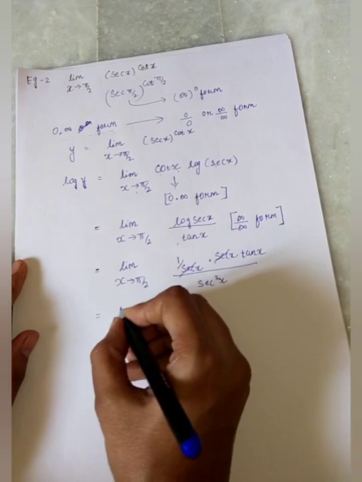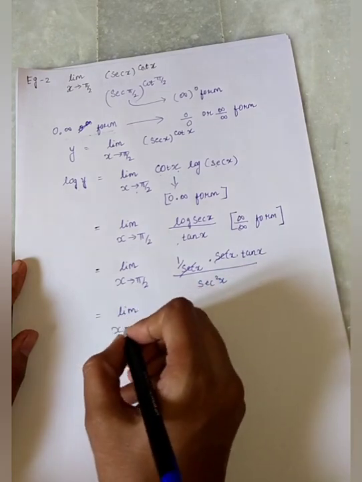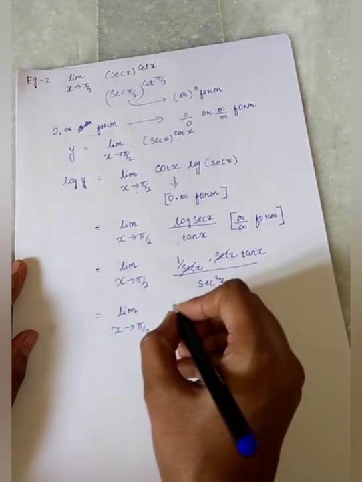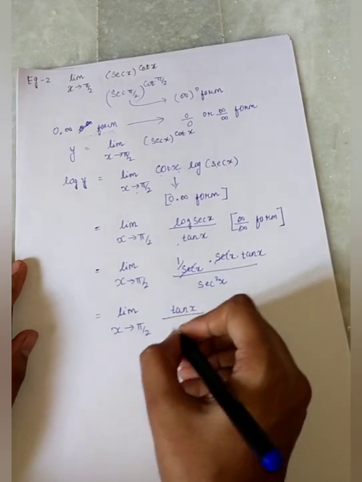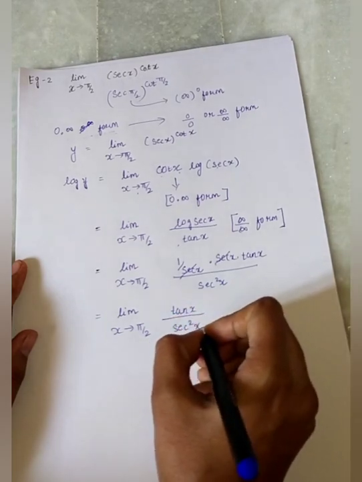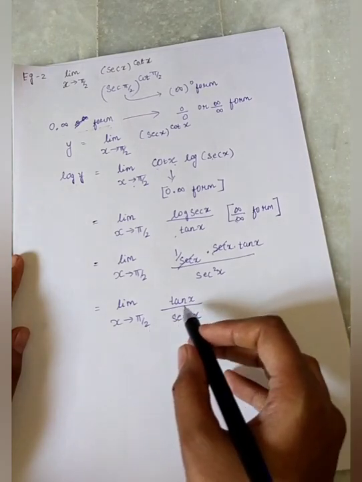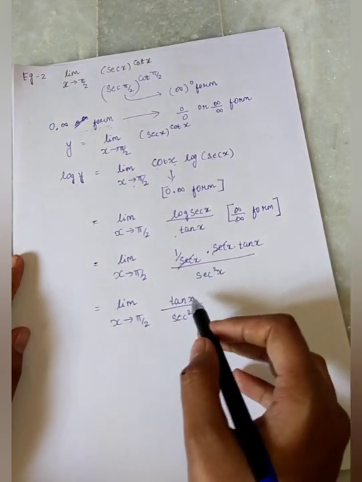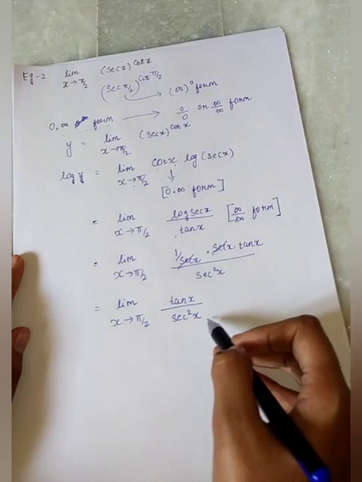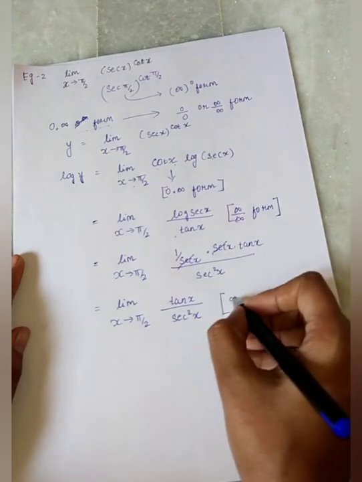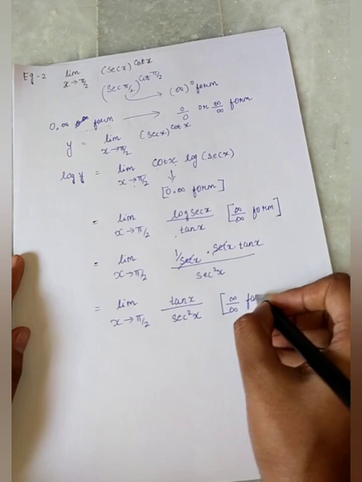So we get limit x tends to pi by 2 tan x upon sec square x. Okay. And now if we substitute this limit into this equation, then we get tan pi by 2 is infinity and sec pi by 2 is also infinity. So we get infinity by infinity form.